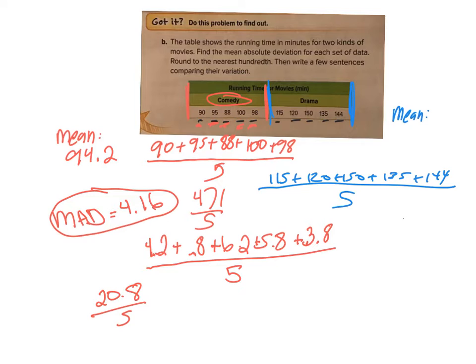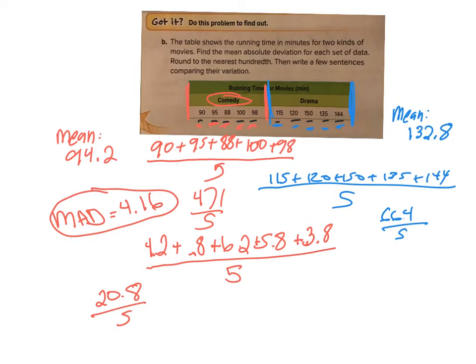Okay, so that's 664 divided by 5. That gets me a mean of 132.8.